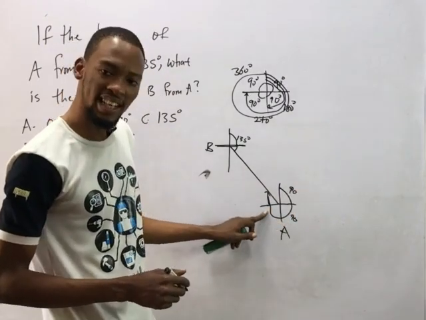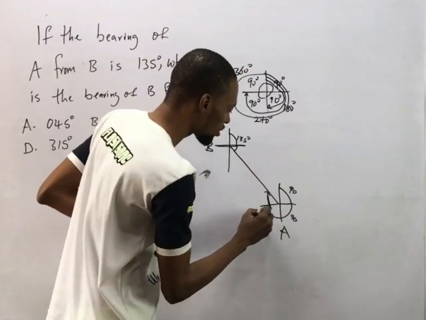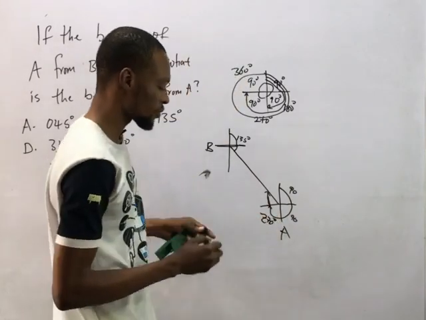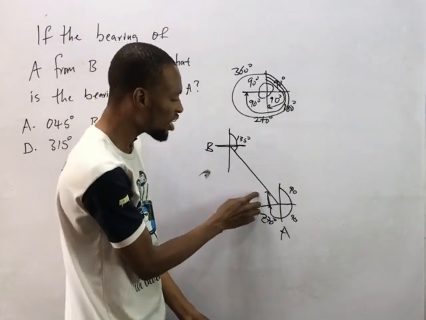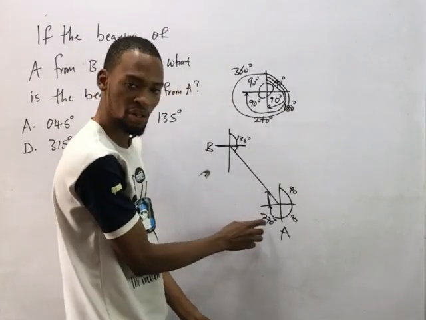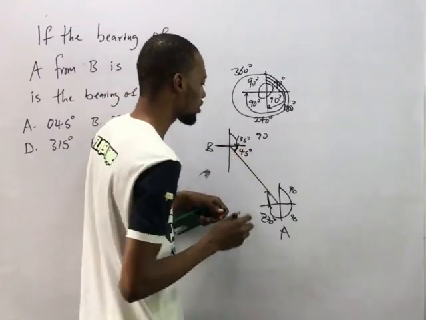Now, if here is also 90, this implies that starting from here and ending here is 270 degrees. So it means we are looking for the value of the angle here. The angle here will determine what will add to 270. So it simply means here is 45 degrees.